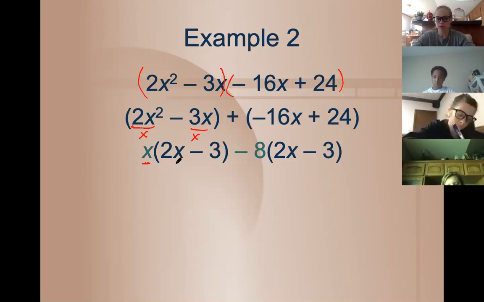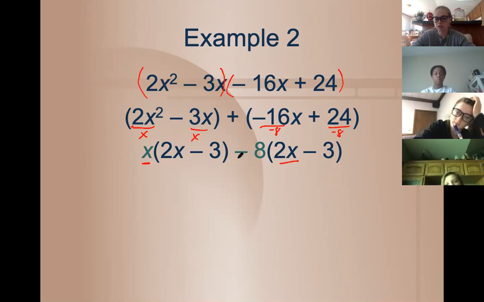I'm left with 2x inside. Here I'm left with a negative 3 inside. Plus, all right, what is common in both of these terms? A negative 8 is common in both of these terms, or you could have just done a positive 8. That's fine too. Negative 16x divided by negative 8 is 2x. 24 divided by negative 8 is a negative 3.